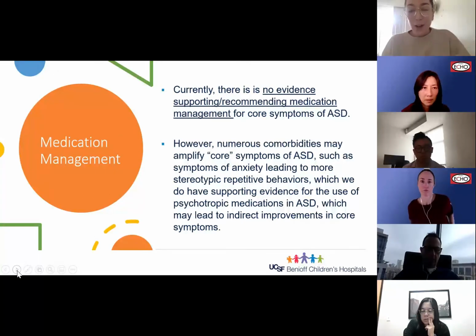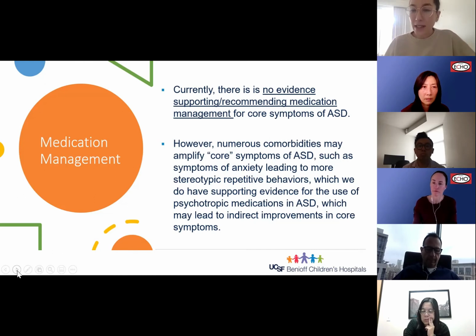those two core categories, we can definitely see more challenges with them and more deficits with them if there are comorbidities that may be exacerbating them. So one example of that is the core symptom of the stereotypic repetitive behavior, or stimming. We often see that when kids are feeling anxious or frustrated, they will start to stim more frequently, or have really more pronounced stimming.